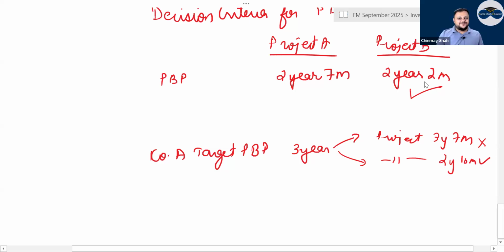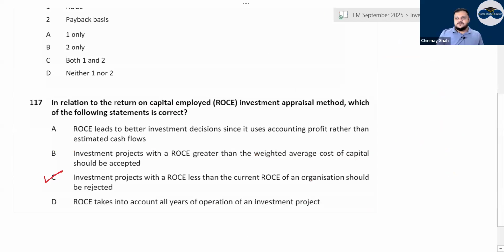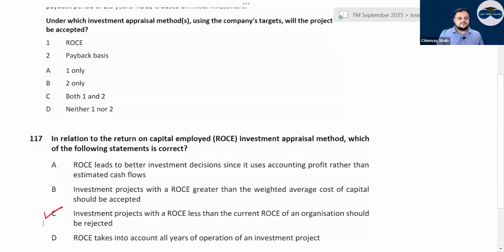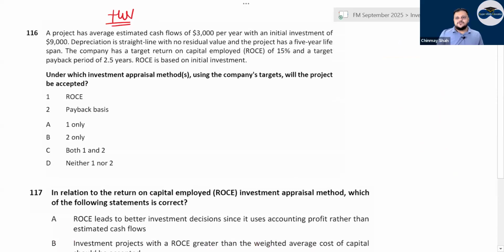So one question. This question, can you do it for homework today? Take this one above. 116. Will you be able to do it as homework today? Yes.